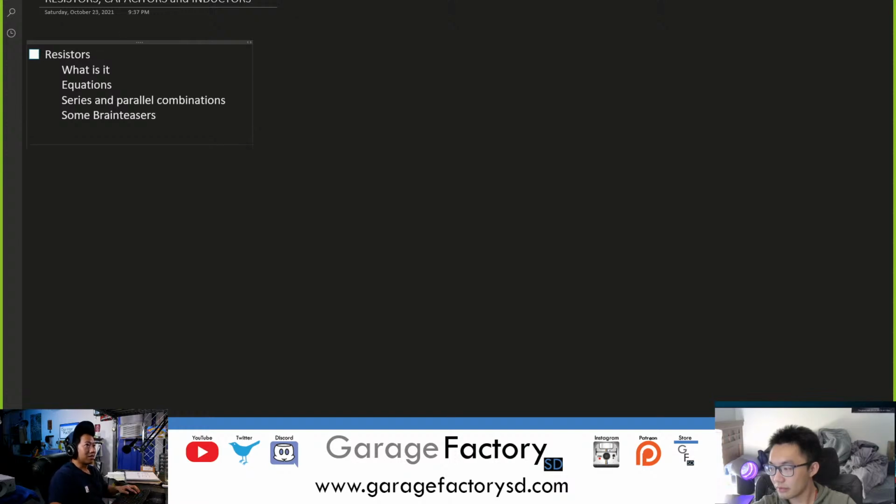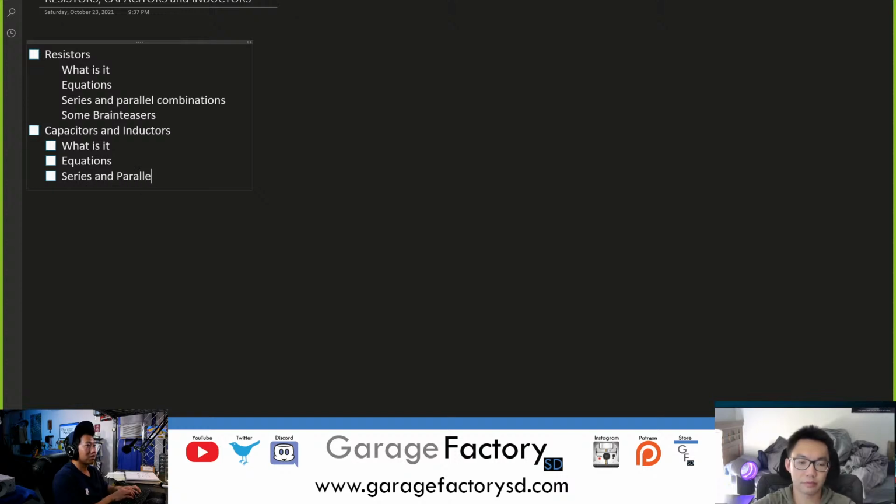And then capacitors and inductors. You learn the same thing: equations, series and parallel combinations.